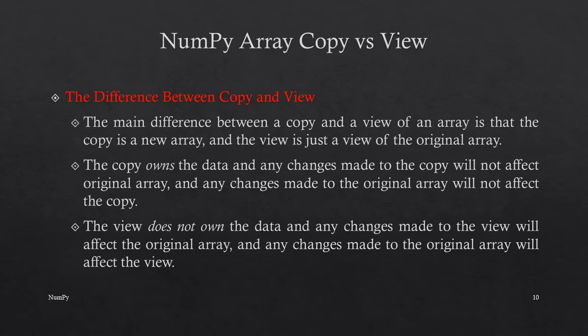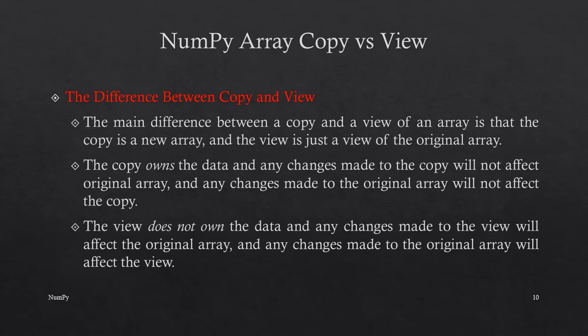The copy owns the data and any changes made to the copy will not affect the original array. And any changes made to the original array will not affect the copied array. So copy means just a copy. So we can make changes either in the copied array or in the original array.